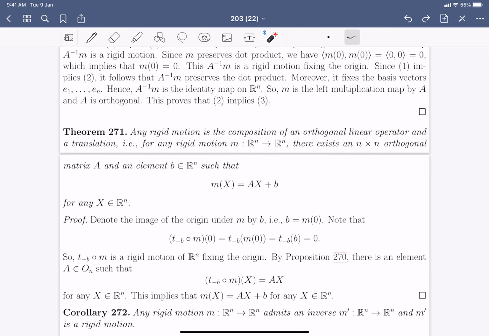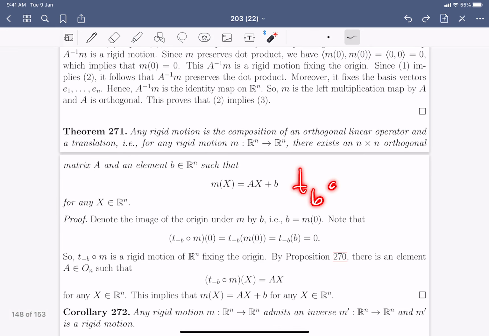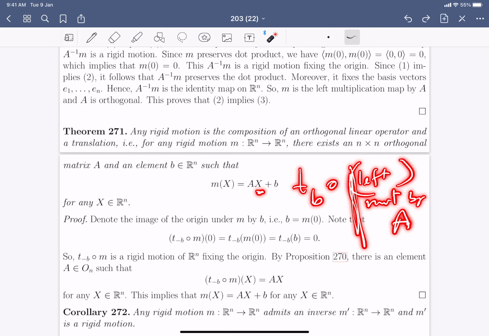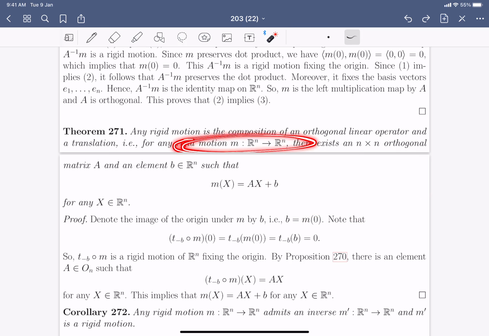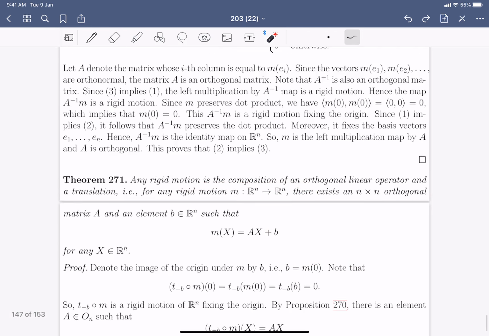In other words, this is the composition of the translation by b map and the left multiplication by A map. So you take a vector x, first left multiply by A, and then translate it by b. This A and b depend only on the rigid motion M that you started with. This is essentially straightforward. Why?